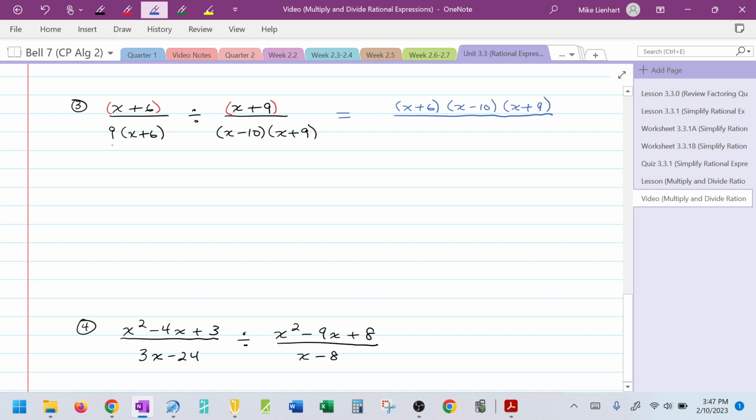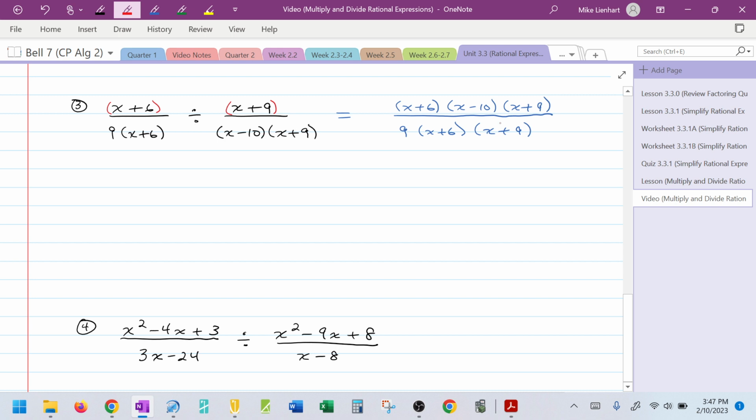The denominator is going to start with the first denominator, 9 and x plus 6, and then the second numerator, the x plus 9 on top, is going to come down to the bottom. All right, that is the division algorithm. Keep the first, switch the sign from division to multiplication, flip the second fraction.